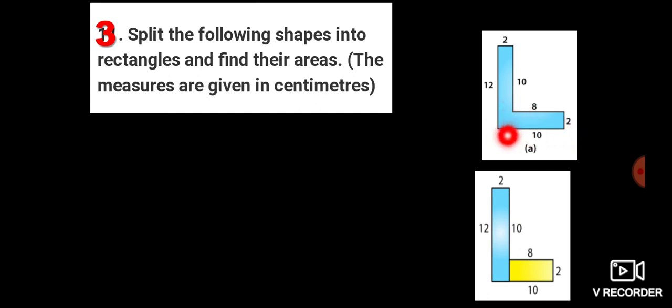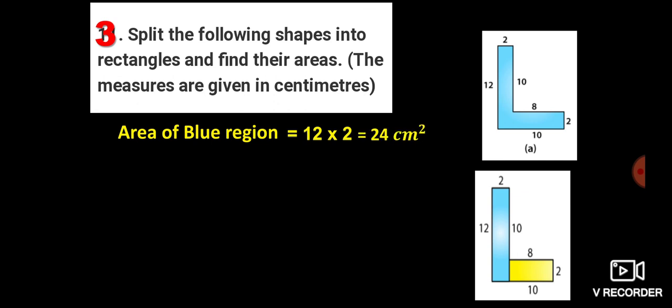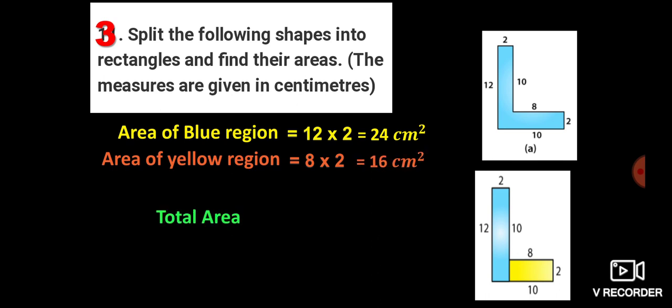Then width is 2. So 10 minus 2 we will get 8 centimeter. Width is same as 2. So first we find the area of blue region, 12 into 2, that is 24 centimeter square. Next yellow region, 8 into 2 same, that is 16 centimeter square. Next total area equal to 24 plus 16 equal to 40 centimeter square.